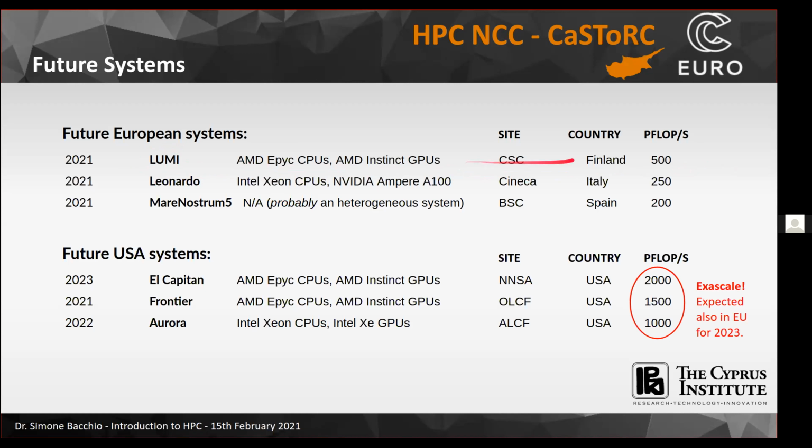But it's not just a system; it's the full facility. In the case of LUMI, they will construct a complete infrastructure, a new building for hosting it. So it's not the price of the technology only, but of putting it in. No, sorry, maybe it's 100 million. I'm also confused. I think it's 100 million from EuroHPC, and the rest is coming from participating countries. So it can be up to 300, 400 million.